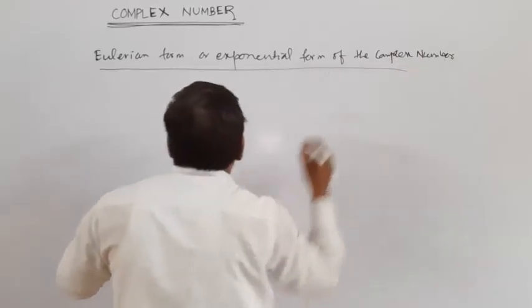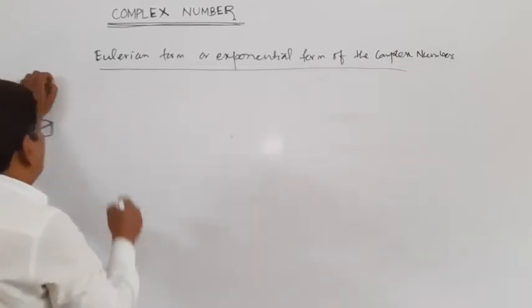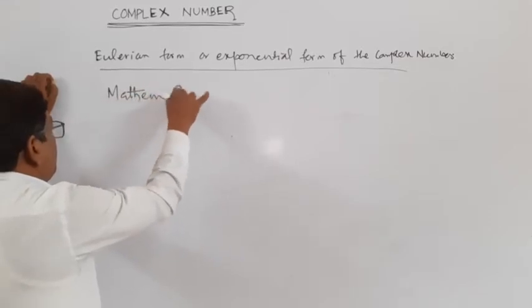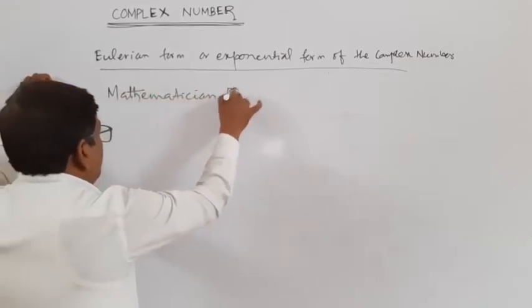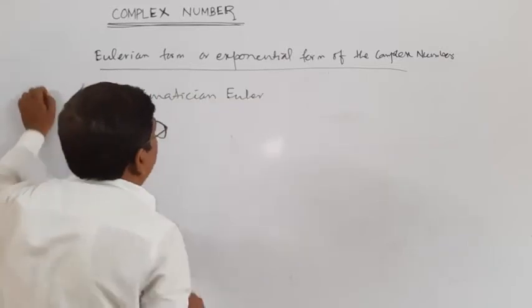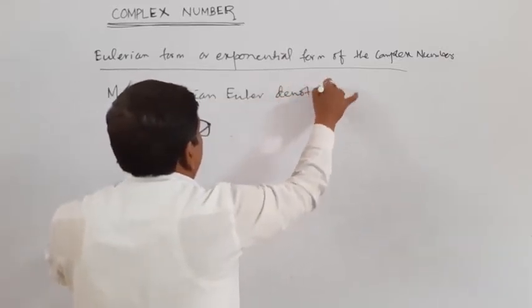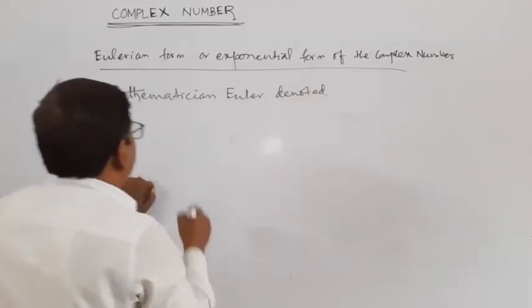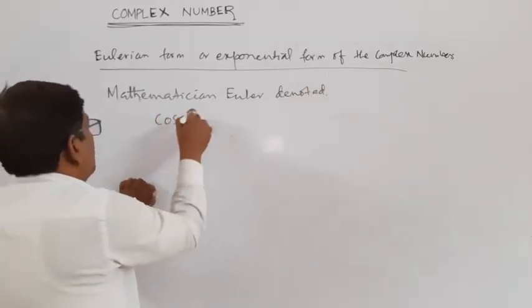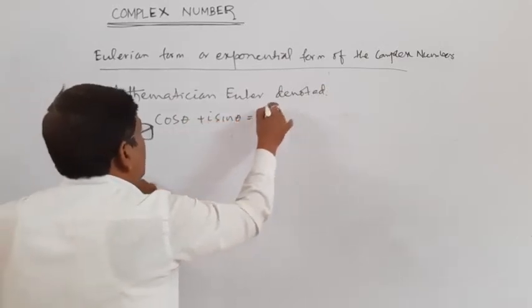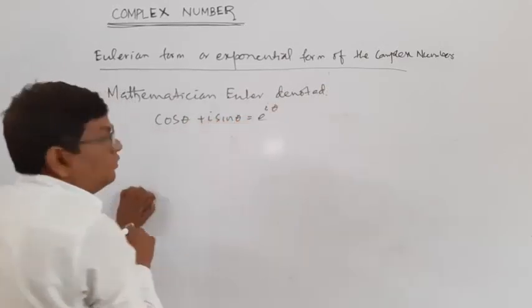The mathematician Euler denoted cos theta plus i sin theta as e to the power i theta.